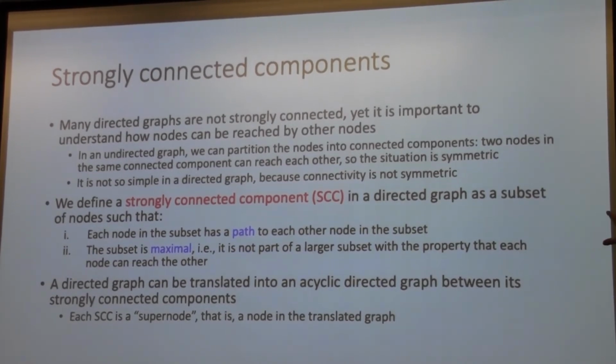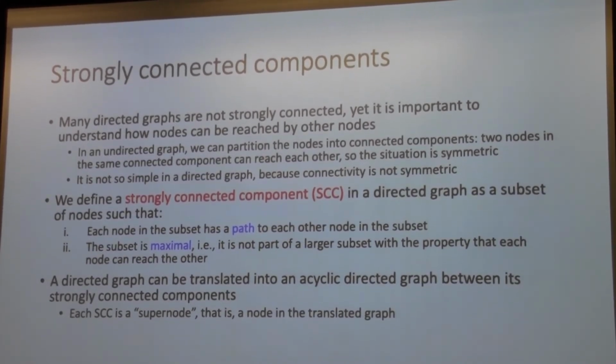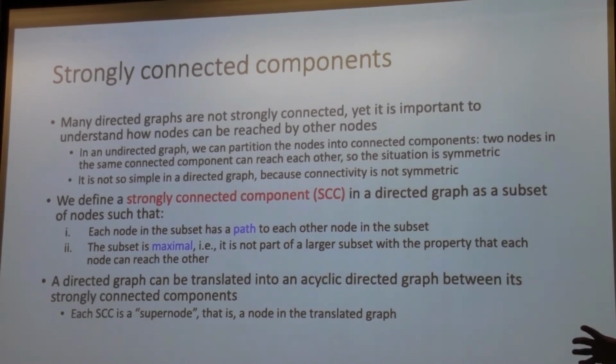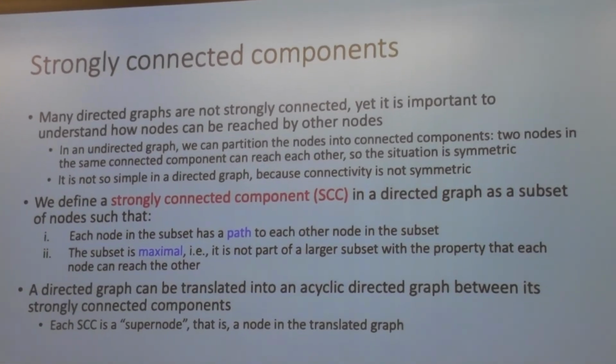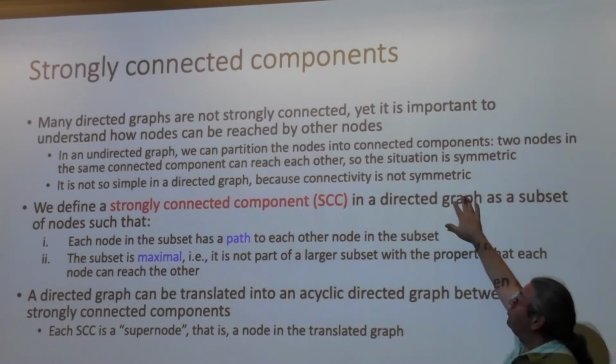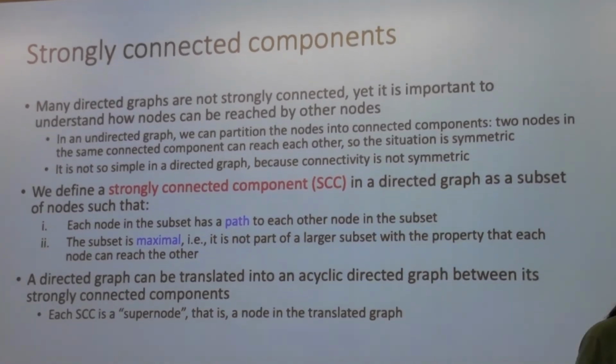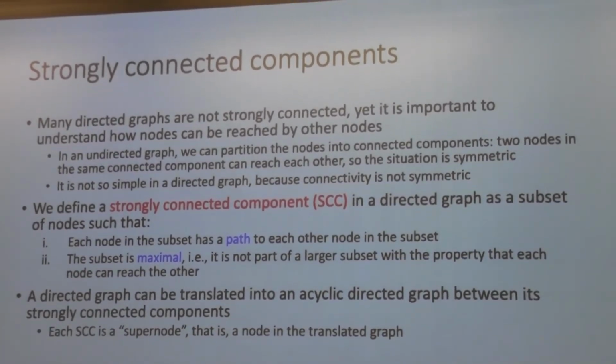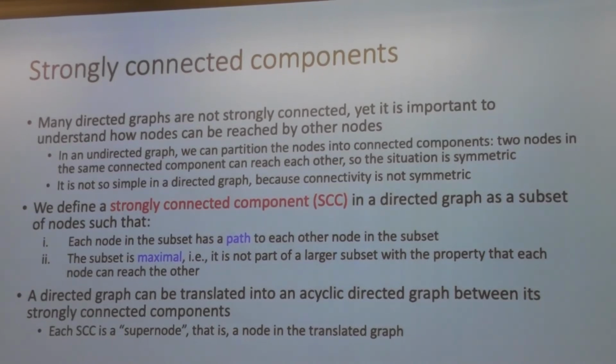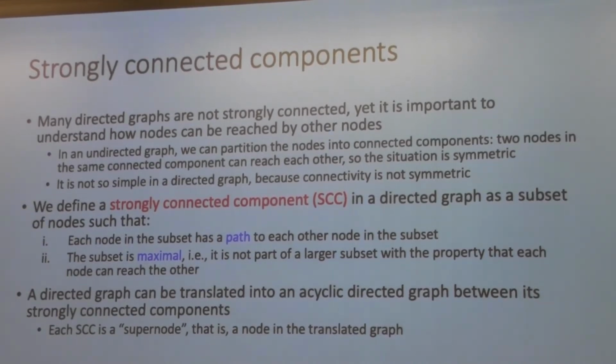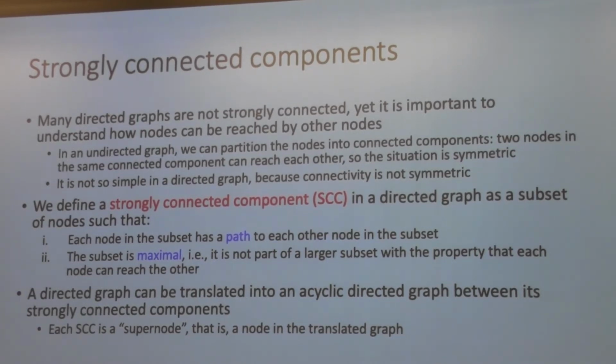You can partition the nodes into connected components. In an undirected graph, nodes in the same connected component are connected with each other, so it's symmetric. But in a directed graph, it's not so simple. And what you do is you define the notion of a strongly connected component, SCC. In French, un composant fortement connexe, CFC, SCC.